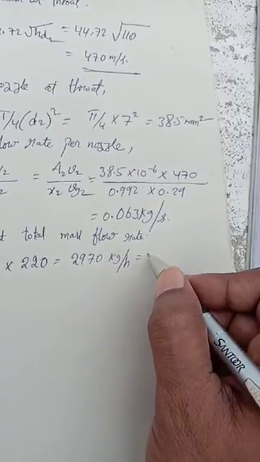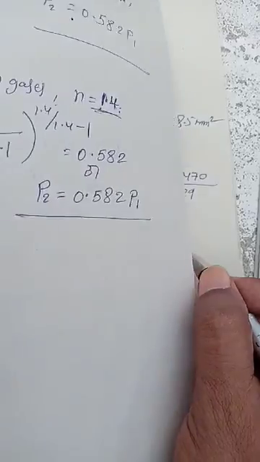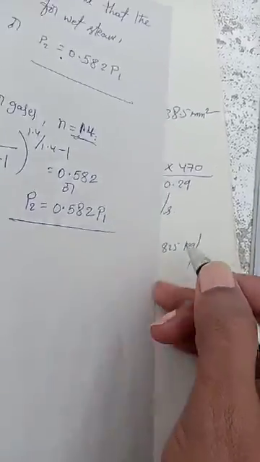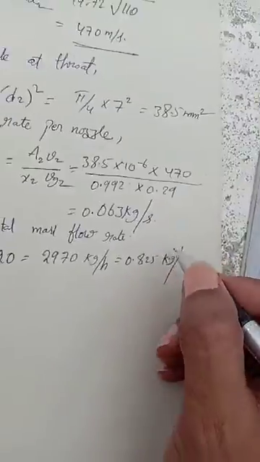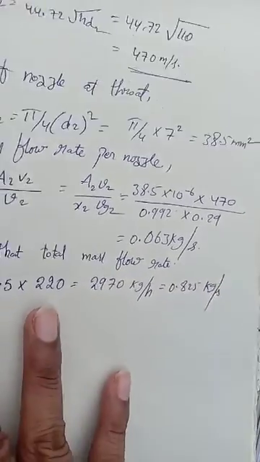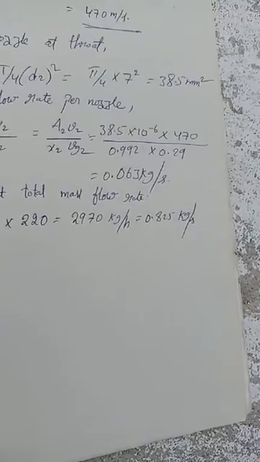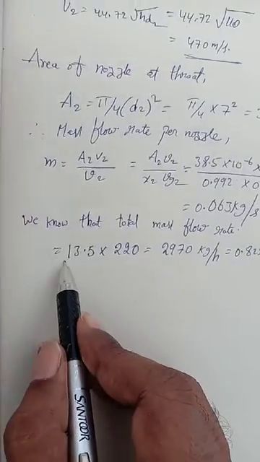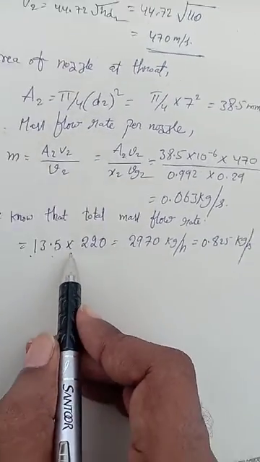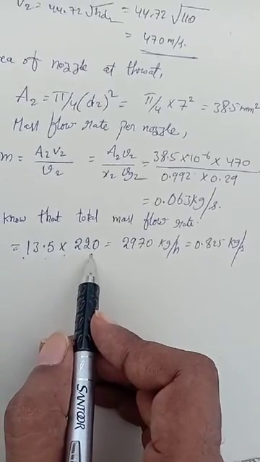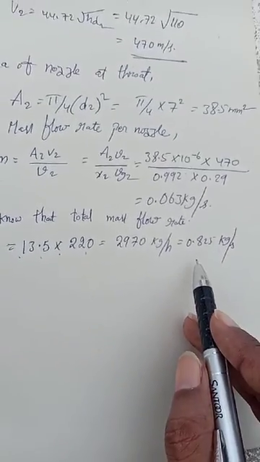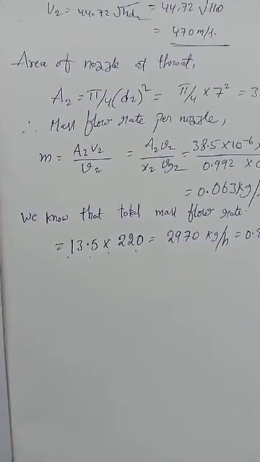Now we convert it into kg per second. This is the given mass flow, and this is for temperature 220. Now we can find the mass flow rate.